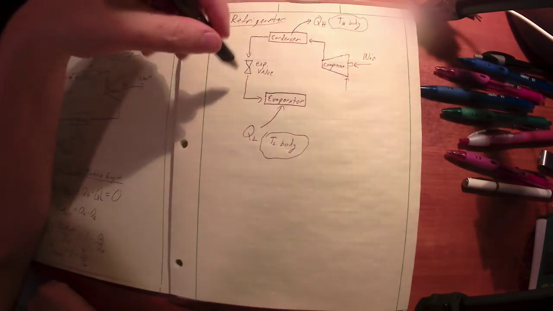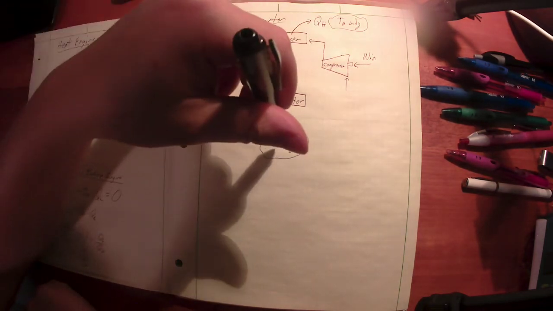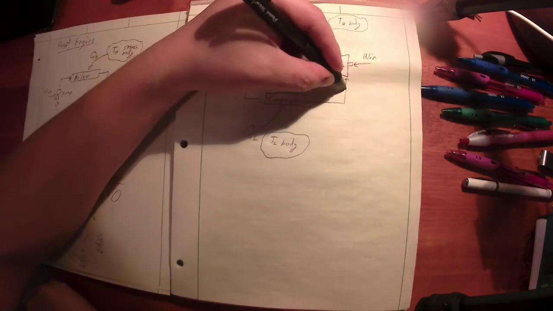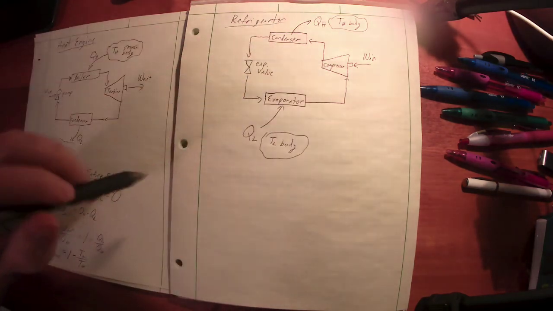And that's the whole goal of the refrigeration unit, to remove heat from the low temperature body: the air inside your house, the food inside your refrigerator, whatever it's trying to cool. And then the cycle is ready to repeat, right?